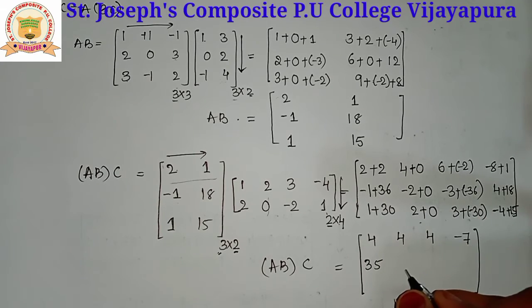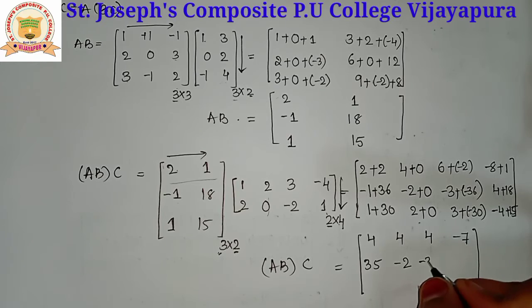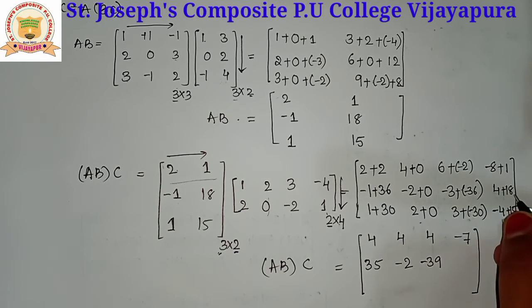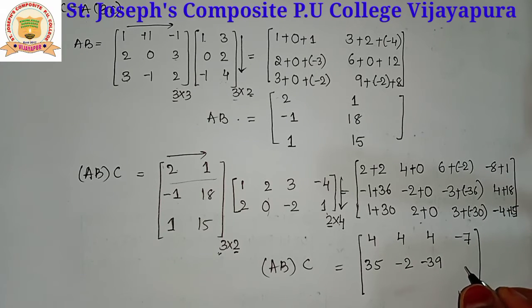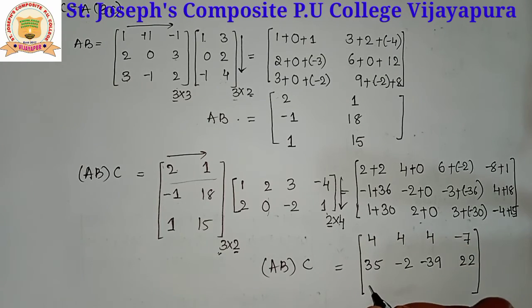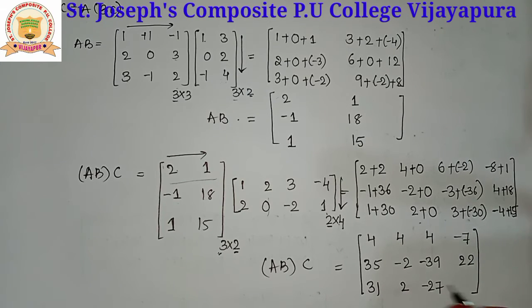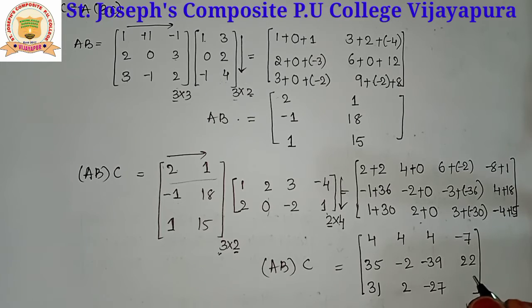Minus 2 plus 0 is minus 2. Minus 3 minus 36 is minus 39. 4 plus 18 is 22. 1 plus 30 is 31. 2 plus 0 is 2. 3 minus 30 is minus 27. Minus 4 plus 15 is 11. This is the required AB into C matrix.